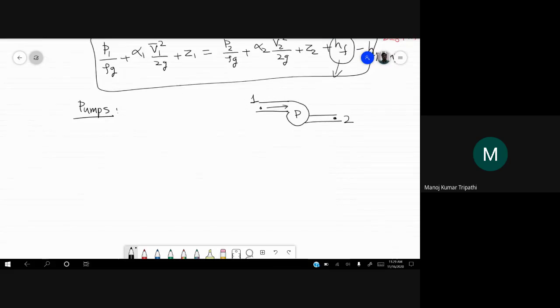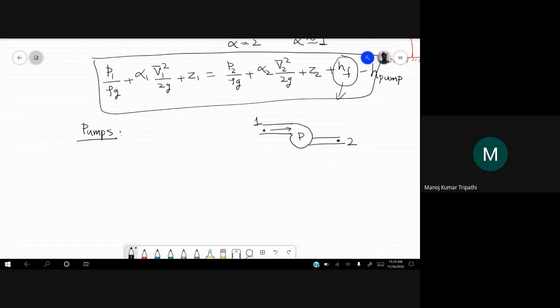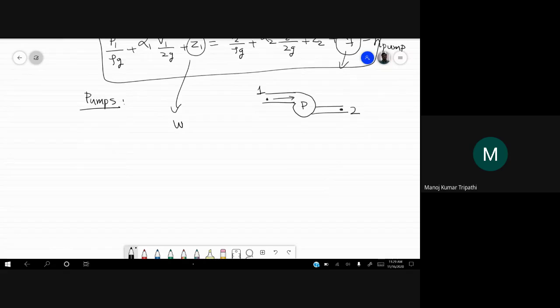Okay. Now if you notice the dimension of each term here, it is meters in SI units. Because of this Z1, you can directly say that it is in meters. In other words, this is also work per unit weight.